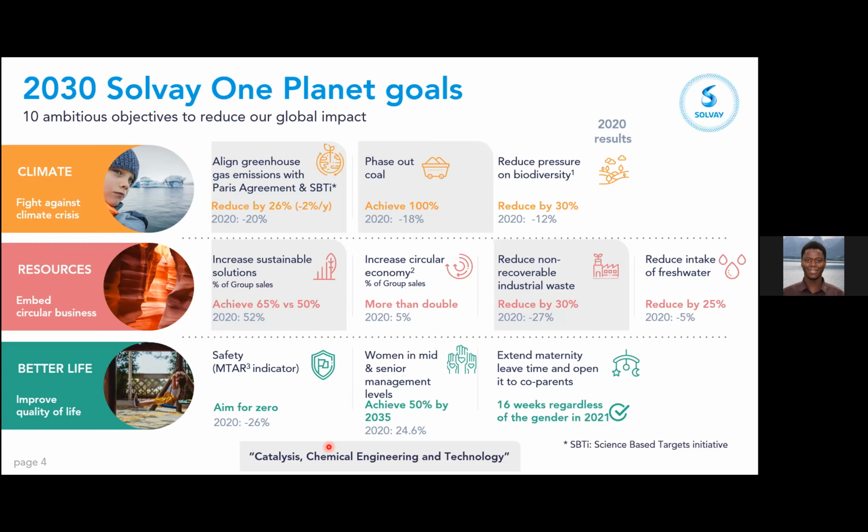I will not go too much into the details, but what I just want to highlight is that 4 of the objectives have a direct relationship to catalysis, chemical engineering, and technology to improve some of these ambitious objectives.